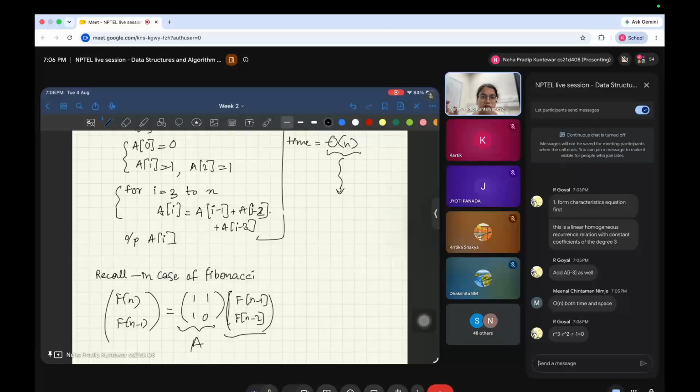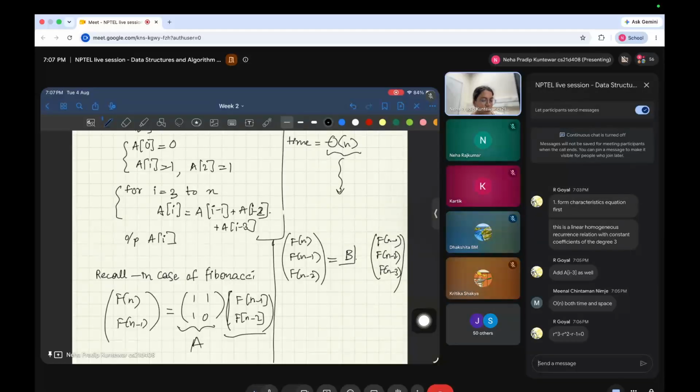So can you think of something similar in the case of this sequence? So now I want to write f of n, f of n minus 1, f of n minus 2 in similar form. I want to write it as a product of a matrix B and a vector, so can you think of what should B be? What is B?